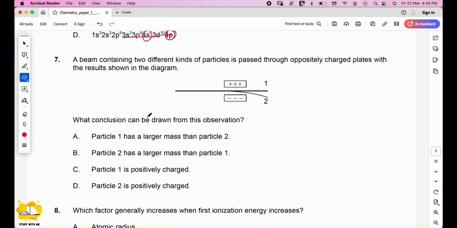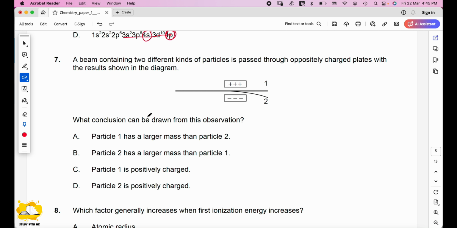All right, for number 7, a beam containing 2 different kinds of particles is passed through oppositely charged plates with the result shown in the diagram. A beam containing 2 different kinds of particles means there is a flow of particles consisting of 2 distinct types, and those particles pass through oppositely charged plates.